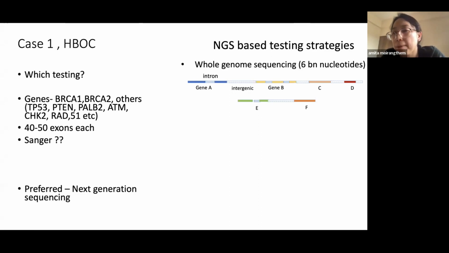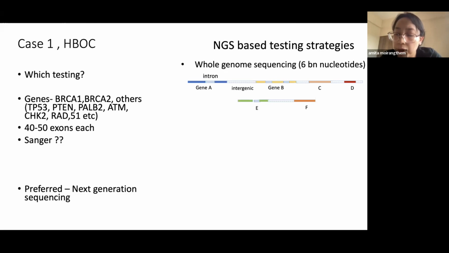So we chop up the long strand of DNA into thousands of fragments and sequence each one simultaneously. So there is a massively parallel sequencing which is occurring. This is now the preferred testing for most monogenic or otherwise any genetic etiology to be identified. So there are different NGS based strategies which are now being very much marketed.